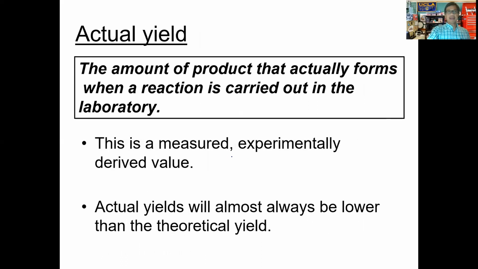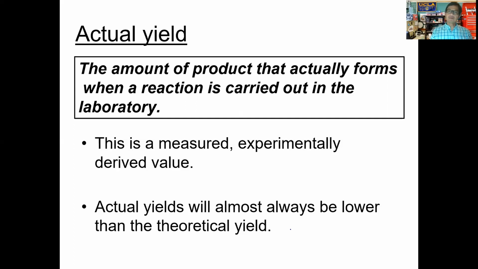The actual yield, on the other hand, is the amount that we actually obtain when we carry out the reaction. When we carry out the reaction, finish it up, work it up, isolate and purify our product, that is the actual yield. So this is experimentally obtained. This is a value that we would get in lab. For our purposes in class, I'm hoping we will eventually get back to class and run a chemical reaction here.